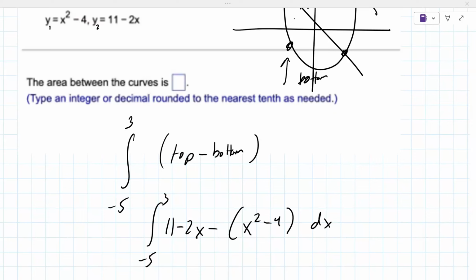So we're ready to put this into the calculator and see what we see here. You could also use absolute value again if you wanted. I got 85.3.